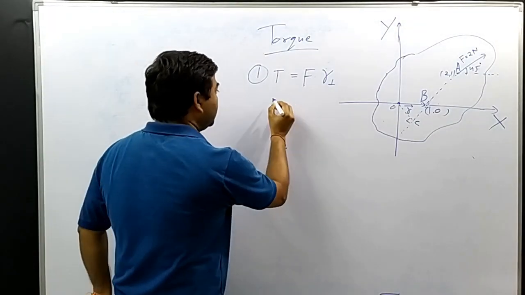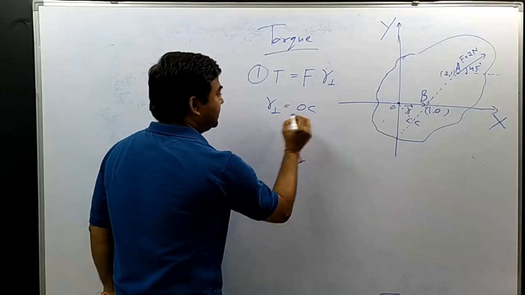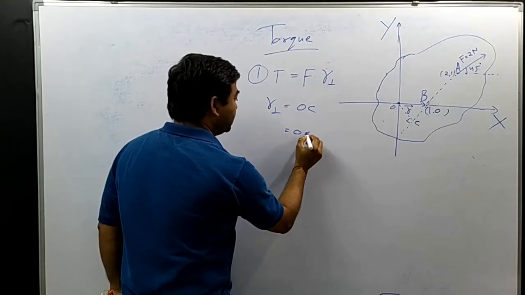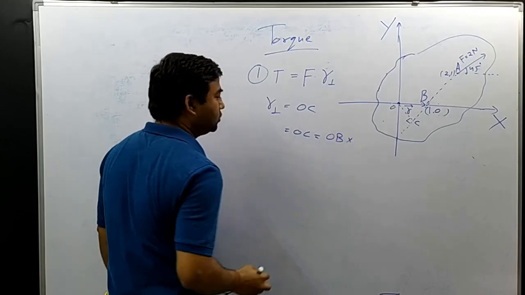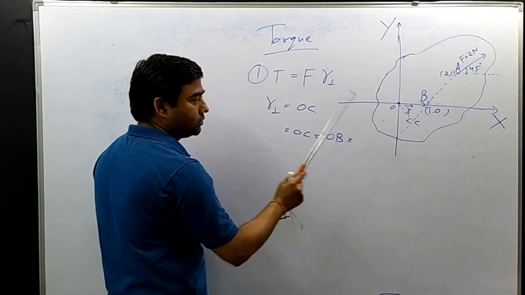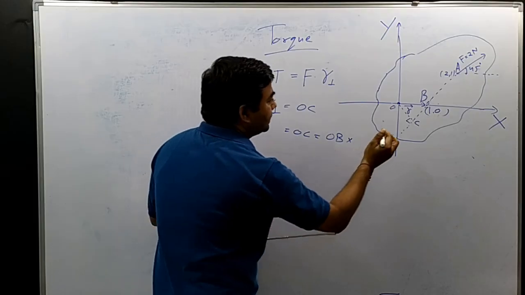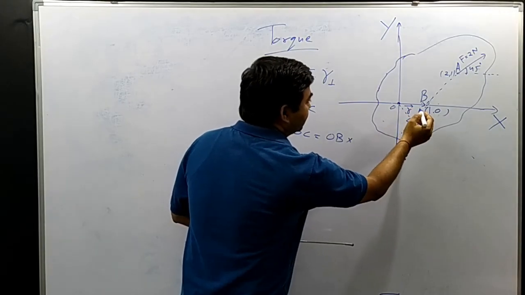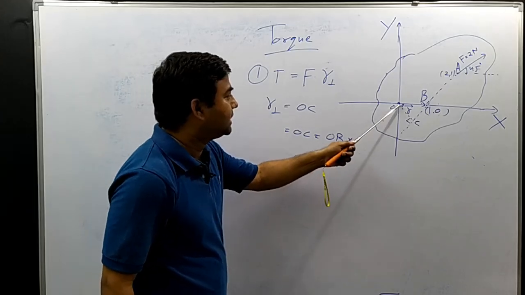So OC is the perpendicular distance from O to the line of action of the force, and OC is the arm of lever. OC is equal to OB into sine of this angle. Let us find this angle.